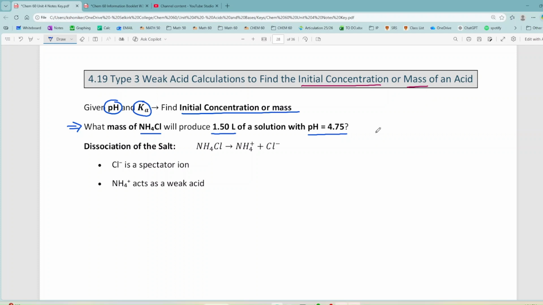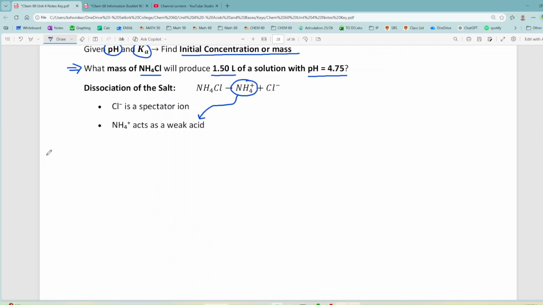It's going to be in the form of a salt. So your salt, this ammonium chloride, dissociates to ammonium ions and chloride ions, and it's the ammonium that's going to act as your weak acid. So everything that we are going to do is going to be with this acid, and the chloride ion is just going to be a spectator.